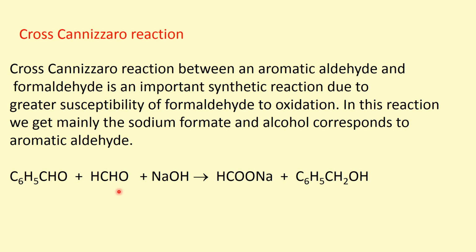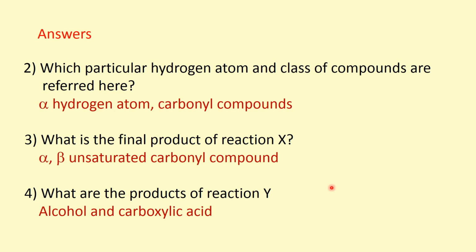The question may come, which one will oxidize, which one will reduce? When formaldehyde is one of the molecules, always remember, it is a strong reducing agent. It will reduce the other aldehyde and itself get oxidized. So formaldehyde will give formic acid, that is the sodium salt of formic acid, and benzaldehyde will be reduced to benzyl alcohol.